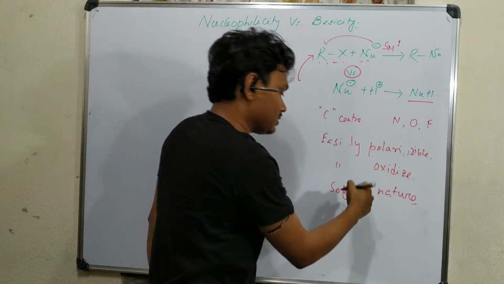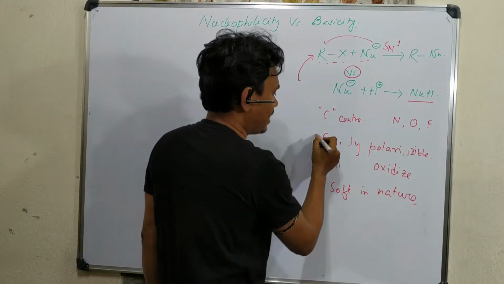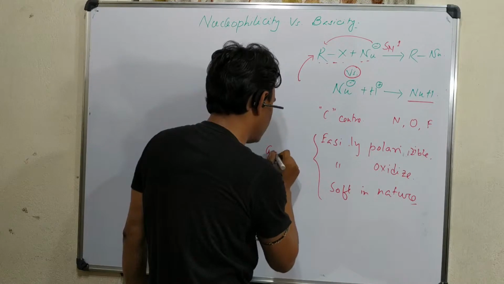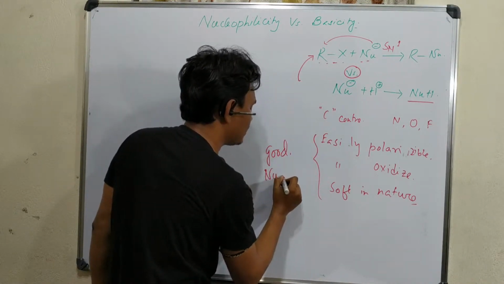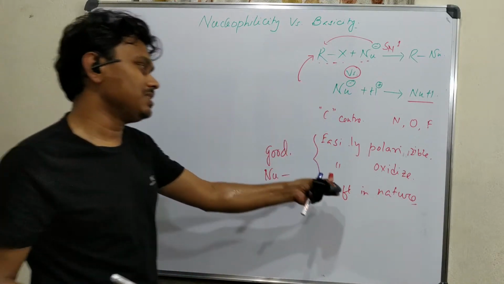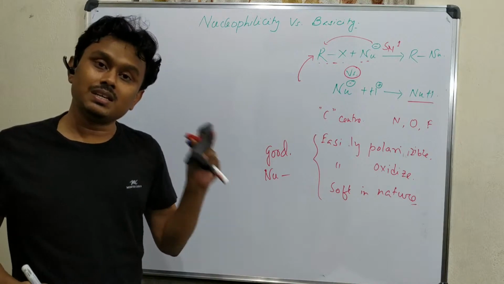So soft in nature. These are the criteria for a good nucleophile: easily polarizable, easy to oxidize, soft in nature.